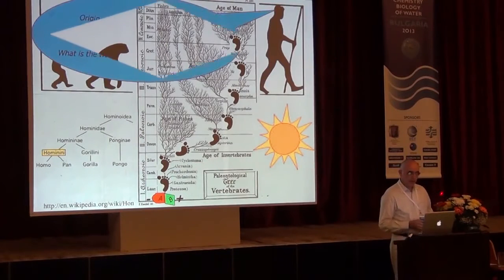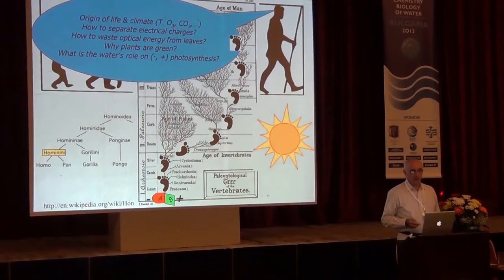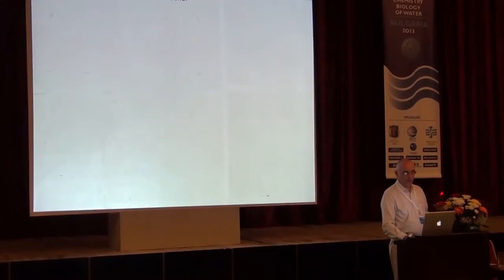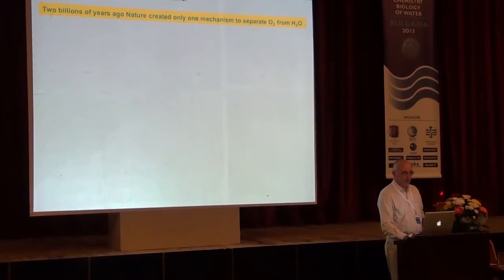And today we are here asking ourselves why plants are green. We don't know why. It's not because of chlorophyll. And we have so many questions. We don't know how charges are separated on trees, on leaves. We don't know how it's done. It's performed.